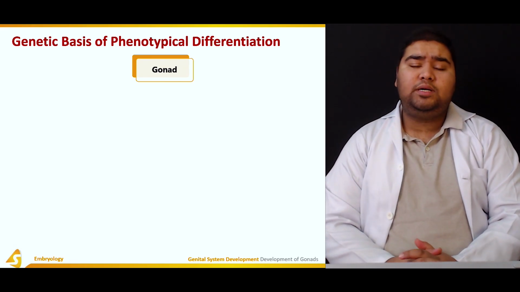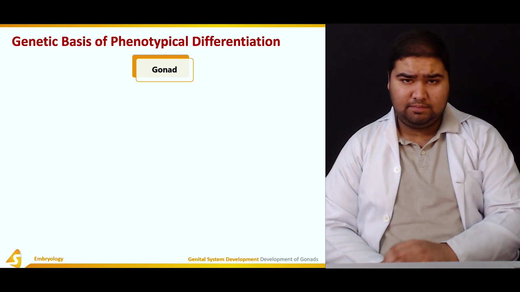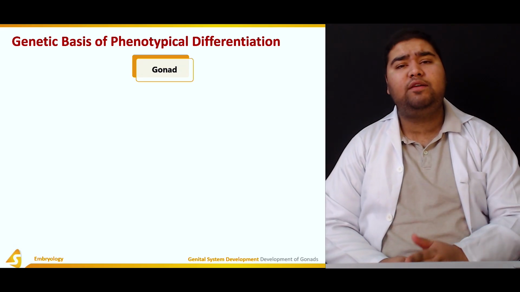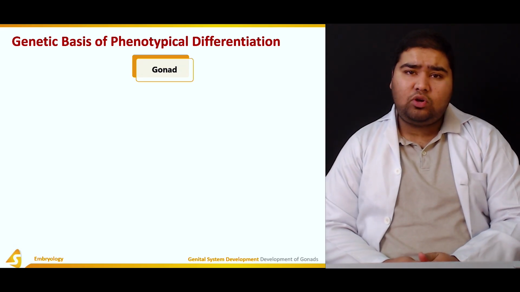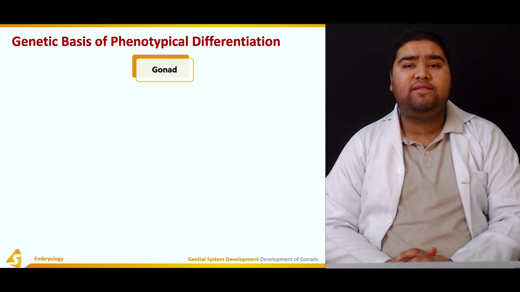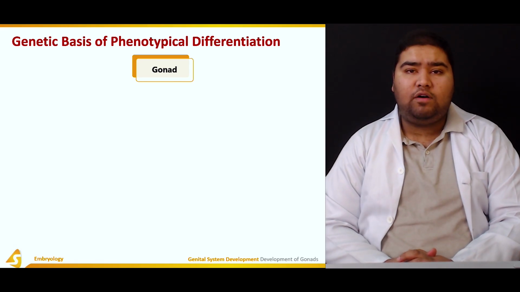So if a sperm carrying the X gene, or a sperm carrying a Y gene, fertilizes the egg, it would subsequently form either an XX offspring or an XY offspring. An XX offspring is a female offspring, and an XY offspring is a male offspring.